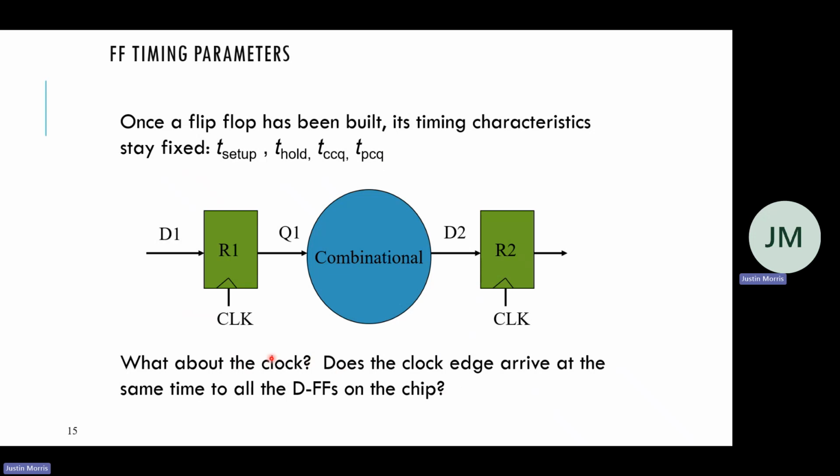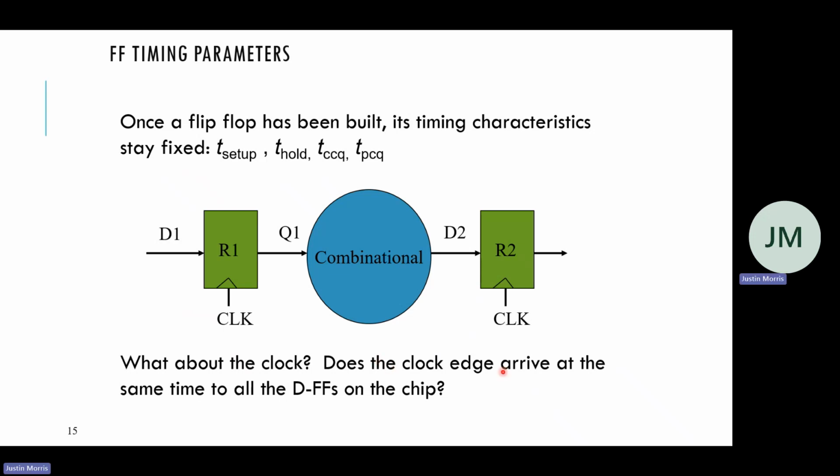The other thing that is going to go into these equations is that these clocks are the same signal, right? They're coming from the same source, but these registers are physically in different places. Yes, a wire is very, very fast, but there is still some delay added with wires.